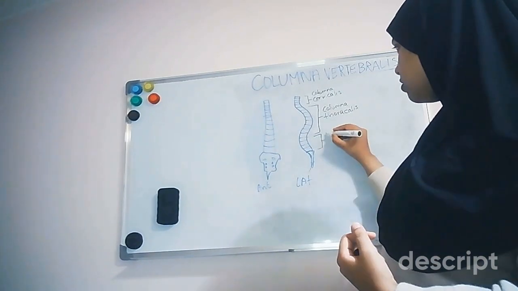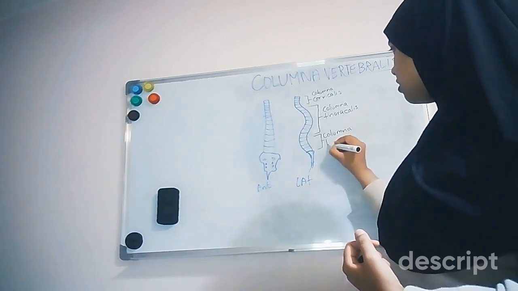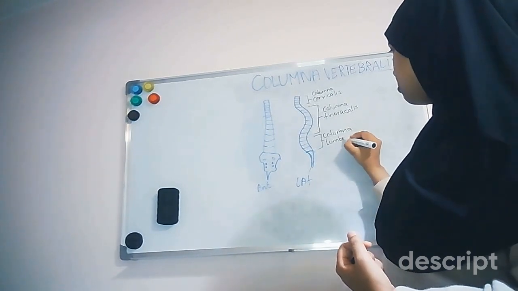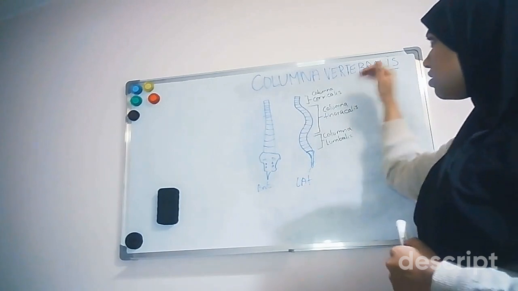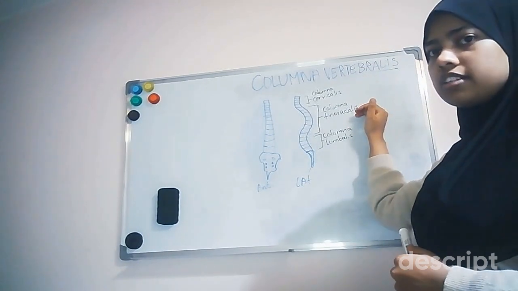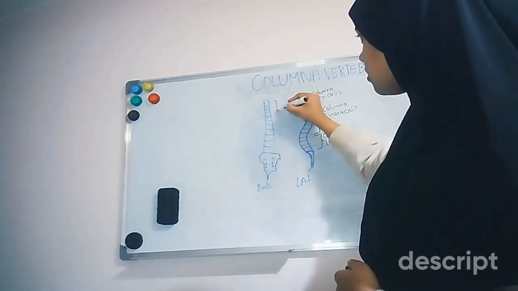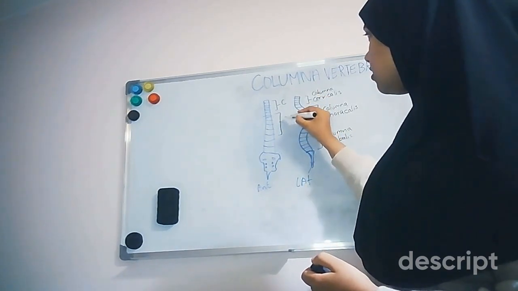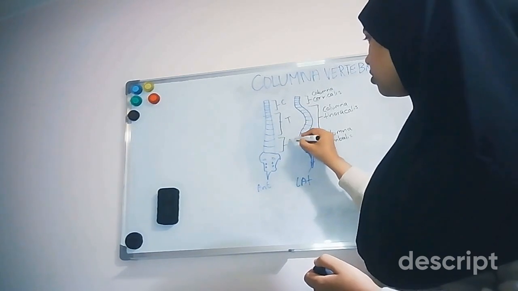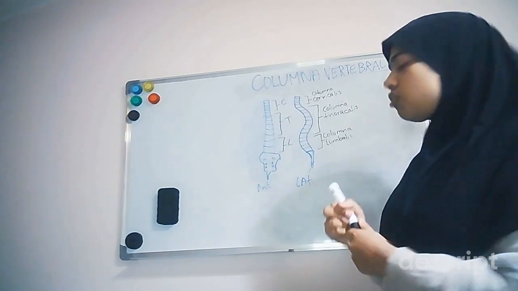So we have columna cervicalis, columna thoracalis, and columna lumbalis. This is cervicalis, C for cervicalis, T for thoracalis, and L for lumbalis. And here at the bottom we have os sacrum.